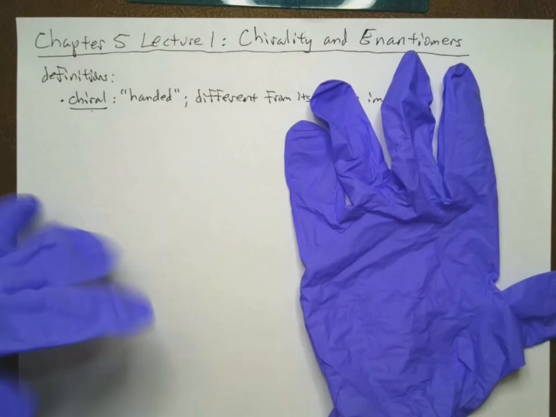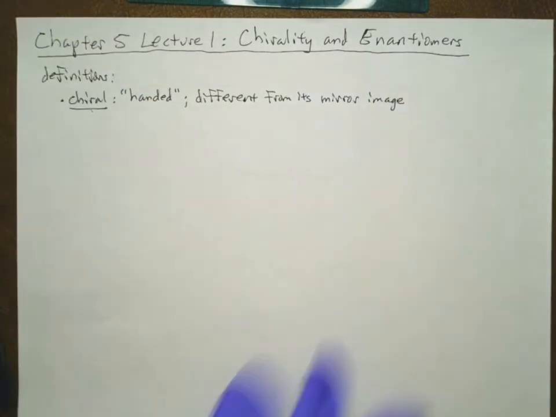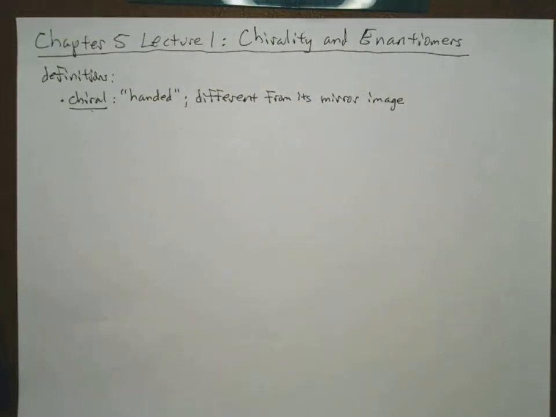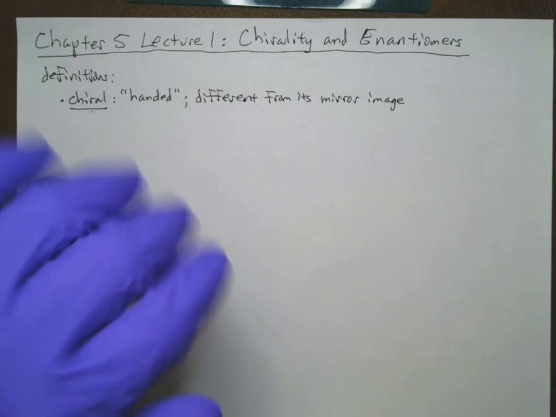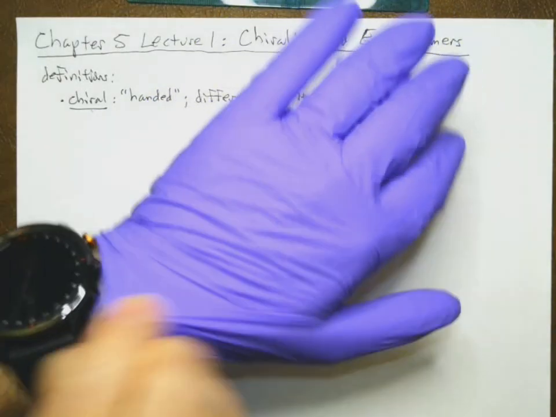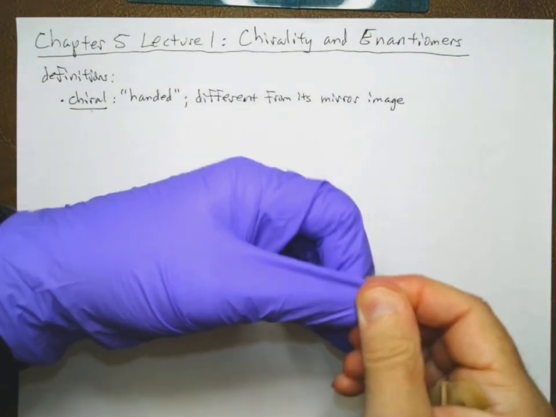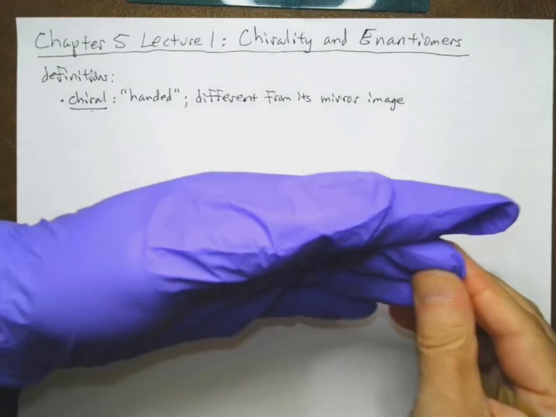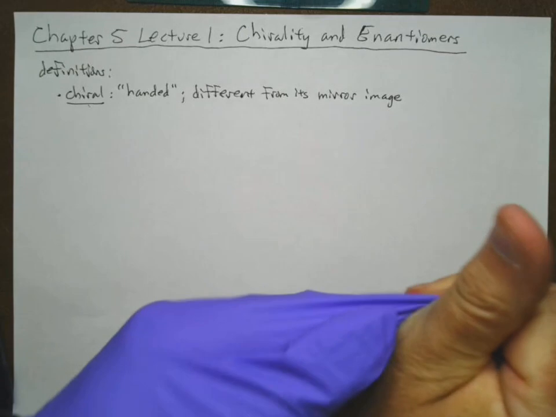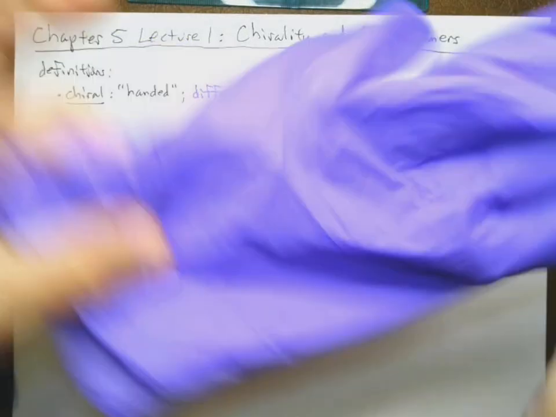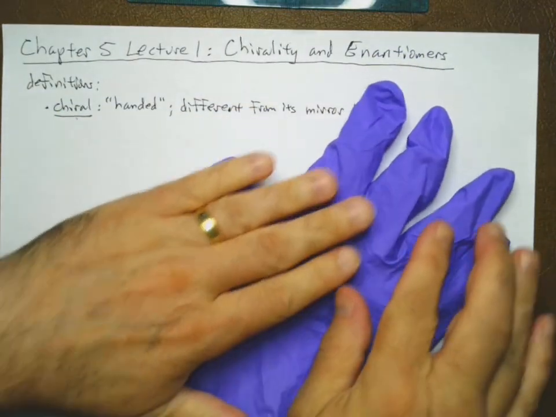I will now superimpose them using my special glove superimposing technique, which is to put them both on one hand. Now if I take this off, I have one glove inside the other, and they line up.